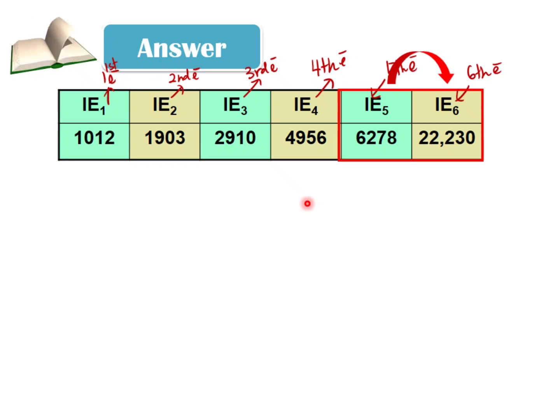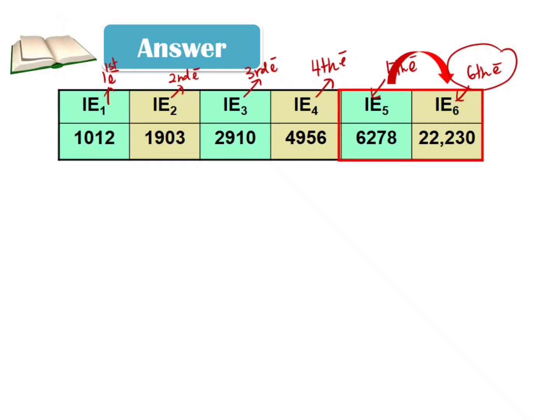Okay, dia memang akan meningkat sikit demi sikit, tapi sudden increase ni dia terlalu tinggi, terlalu beza sangat dia punya nilai. From 6,000 become 20,000. So here IE5 to IE6 bermaksud the 6 electron here adalah come from inner electron.